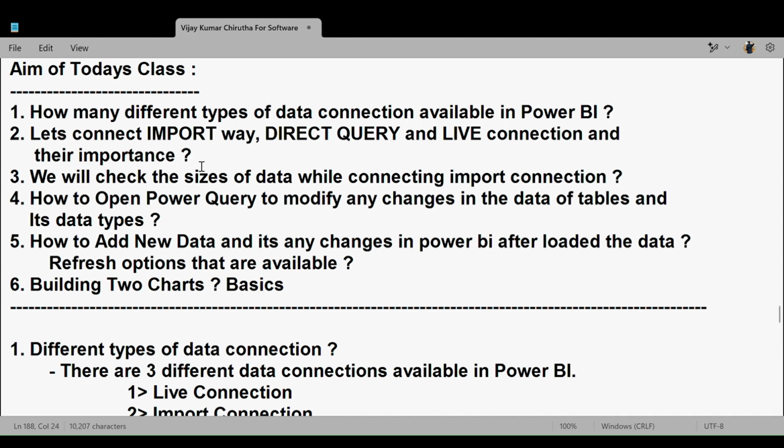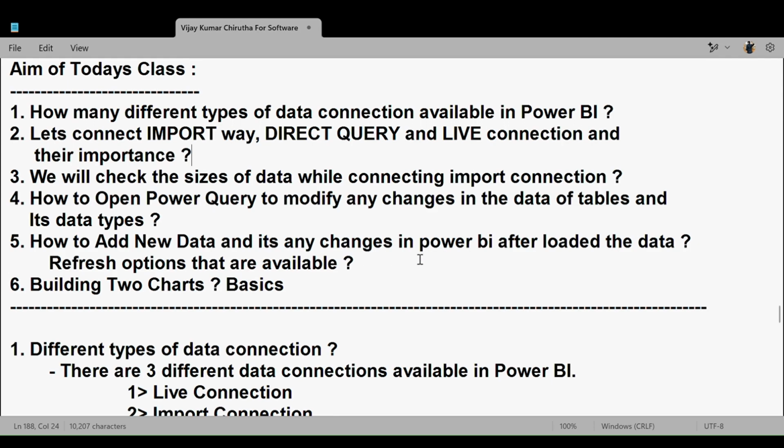Two are completed, and their importance and limitations I have explained here. I will explain once again because while writing I couldn't make things clear. Now I will explain in 2 minutes, a swift view. We will check the data size also. This is what we are going to see right now, and the modifications in Power Query we will see in a practical way.